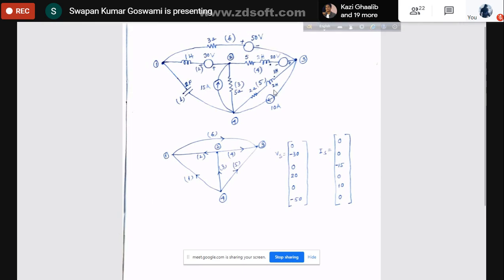That means if you take a branch here, then this element plus this element is actually representing the internal impedance of the source. Okay, that type of representation is really not desirable. That is not done. Whenever we represent a practical current source, there will be some impedance.